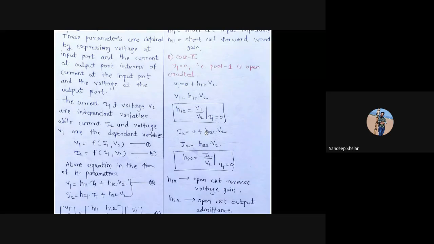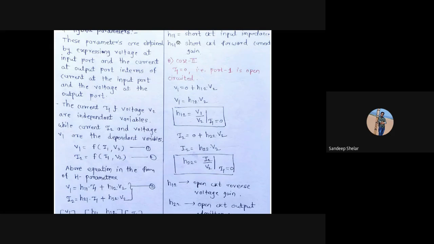Now again put I1 equal to 0 in the second equation. Then I2 is equal to 0 plus H22 into V2, so H22 is equal to I2 upon V2 with I1 equal to 0.